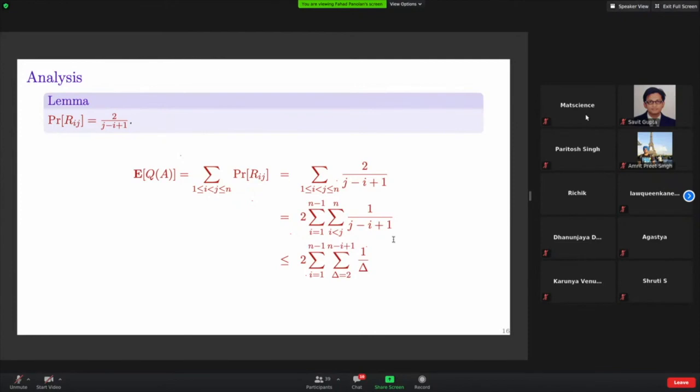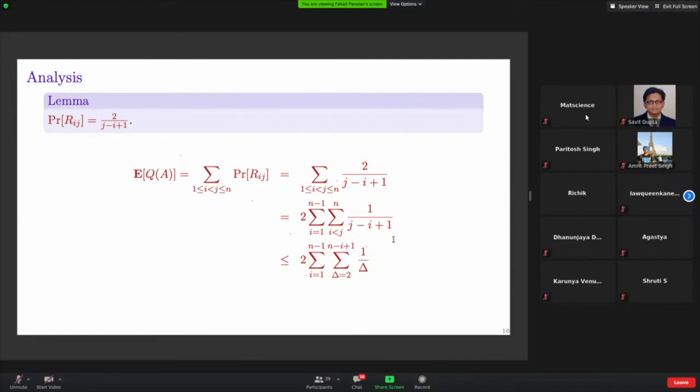And do you know about the summation 1 plus 1 by 2 plus 1 by 3 plus 1 by 4 plus etc.? That series, have you seen? The Euler constant.